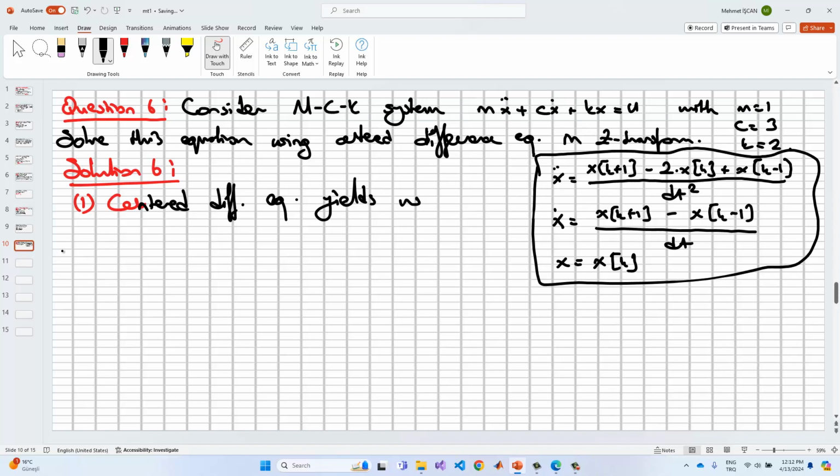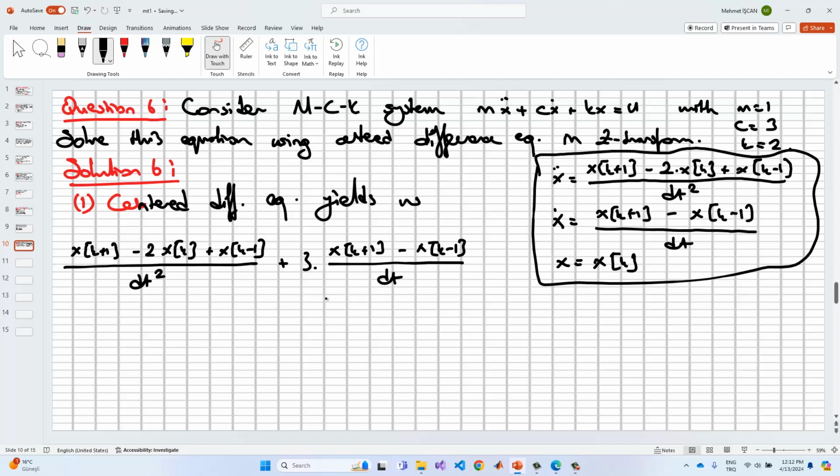And so if you write the equation: x[k plus 1] minus 2 x[k] plus x[k minus 1] divided by dt square, because m is equal to 1, and also plus 3, the c coefficient in here, times x[k plus 1] minus x[k minus 1] divided by dt, and also plus 2 x[k] is equal to u[k].